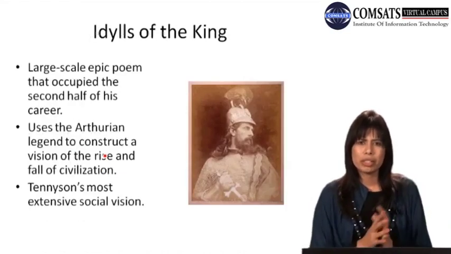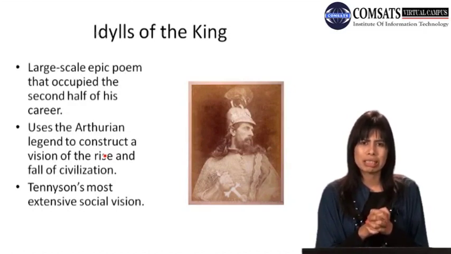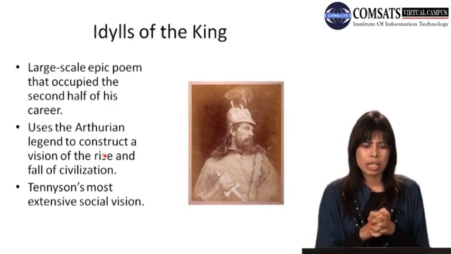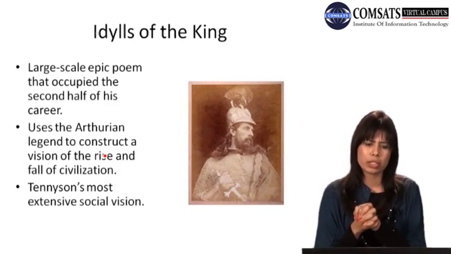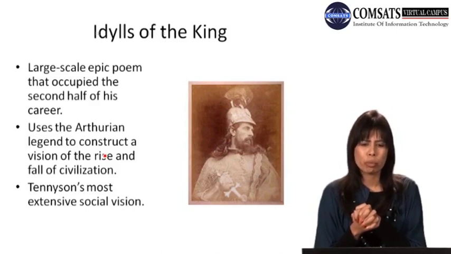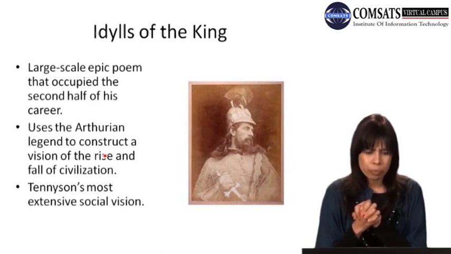Idylls of the King. My dear students, this is one more work written by Tennyson during the Victorian period, a large-scale epic poem that occupied the second half of his career. So this is the later part of his career. This is an epic poem, a very long poem in the form of a narrative.